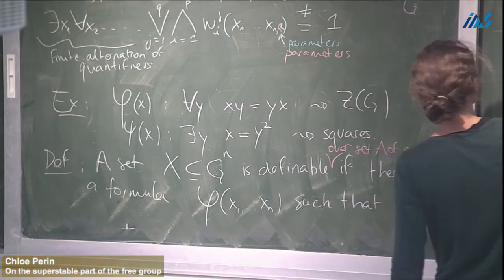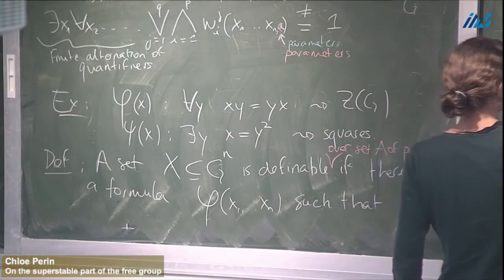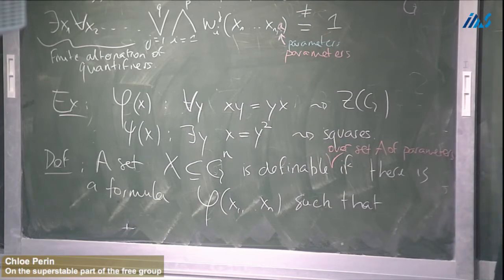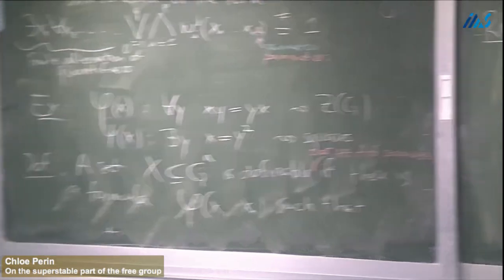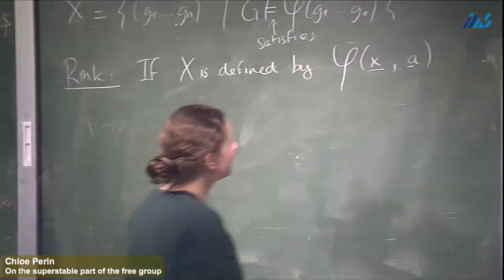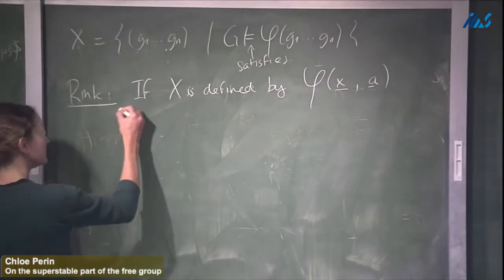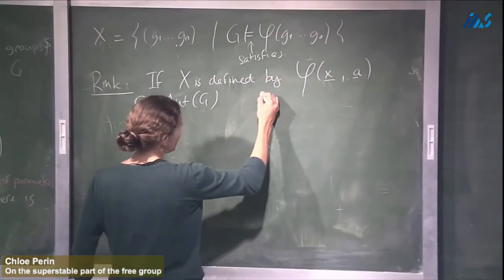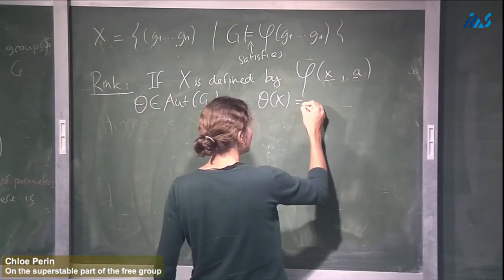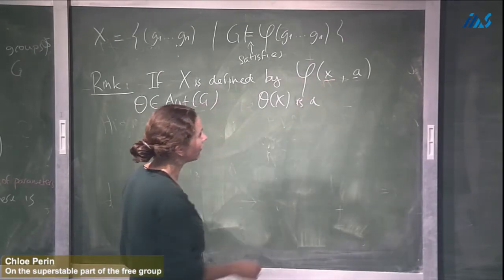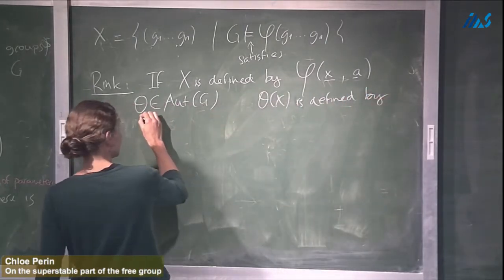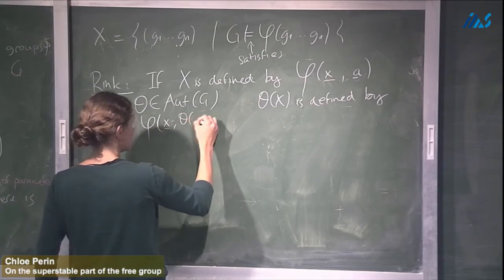An important remark is that if X is defined by a formula phi with some parameters A, and if I now apply an automorphism theta of my group, then it's easy to see that the image of X by this automorphism will just be defined by phi with theta of A. That's kind of trivial, but it's important.